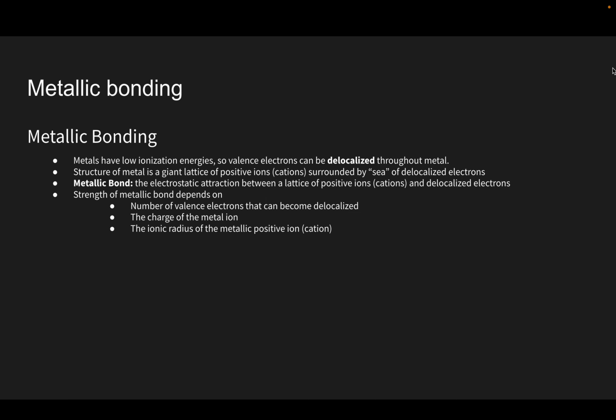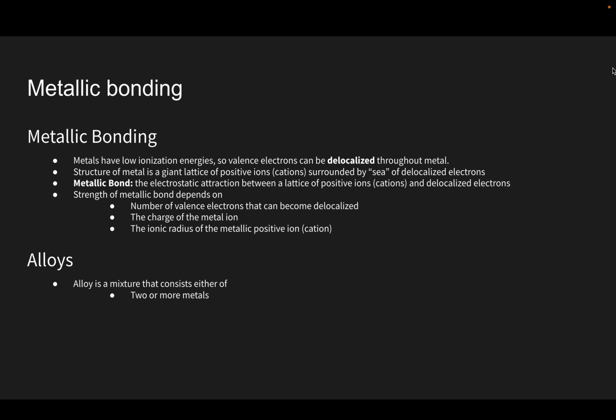Second one, the charge of the metal ion, because charge shows the ability to attract valence electrons. Third one, the ionic radius of the metallic positive ion. Basically these three.